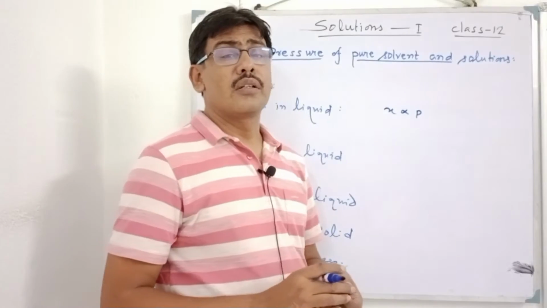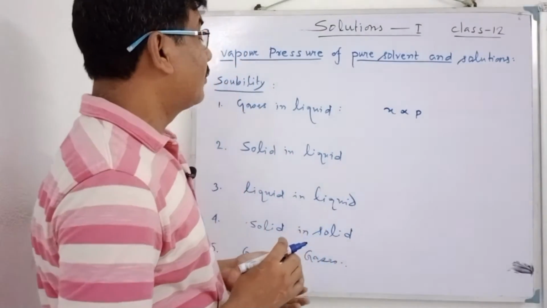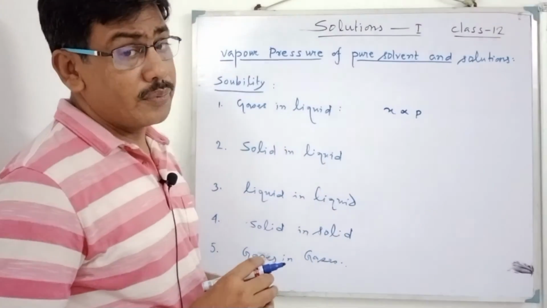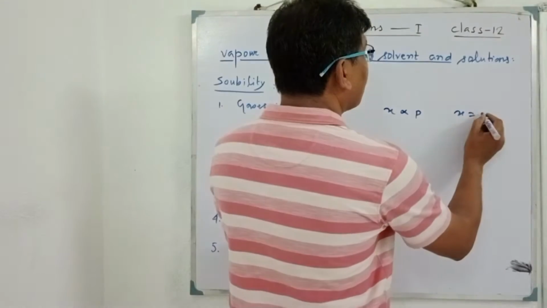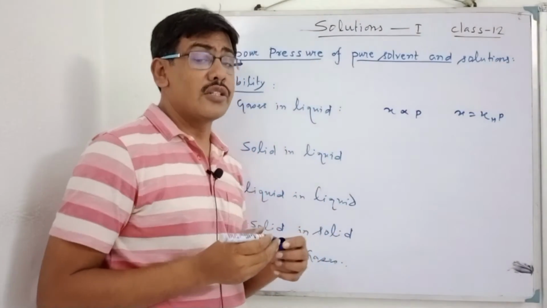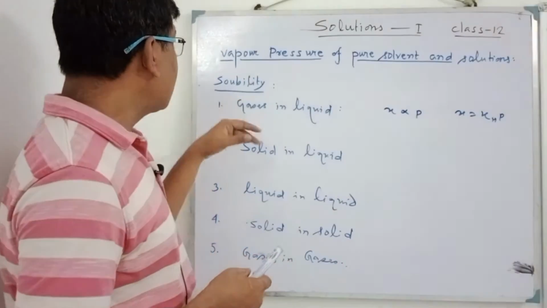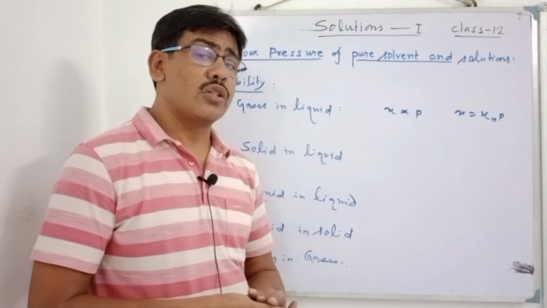of gas. If the pressure increases, more gas is dissolved, or X equals KH P, where KH is Henry's constant. This is the solubility of gases, and the solubility of gases depends on temperature.